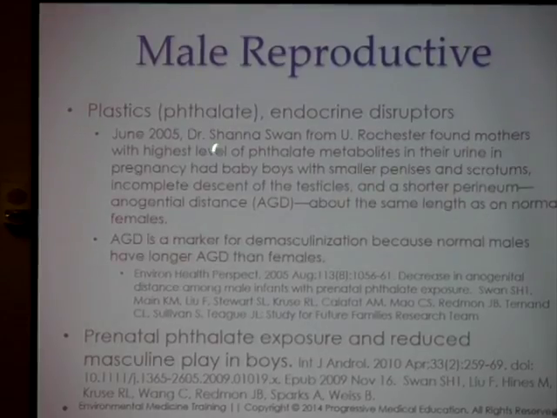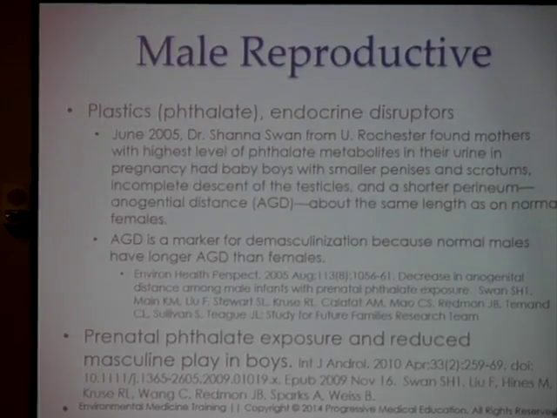This isn't really talked about, but we're getting more awareness about it. So that's why we have this greater push for us to be aware of BPAs and other plastic water bottle use.